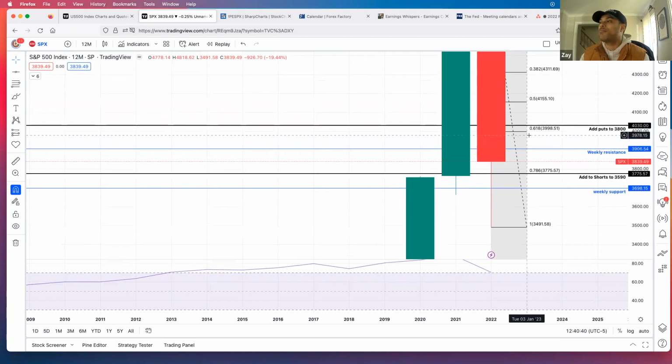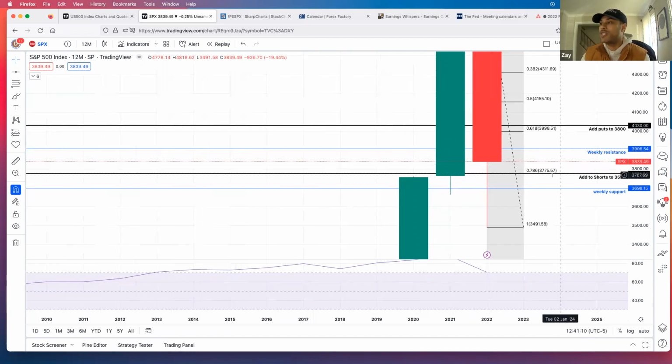If we get here early in 2023, I'll be looking to add some protection for myself, as this is an area that I believe could possibly serve as an interim high or top. So if we get close to 4,000, I'll be paying attention to how price reacts, and whether that's going to form an interim top in the beginning of the year.